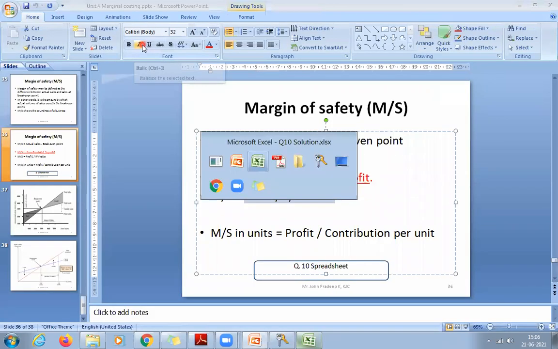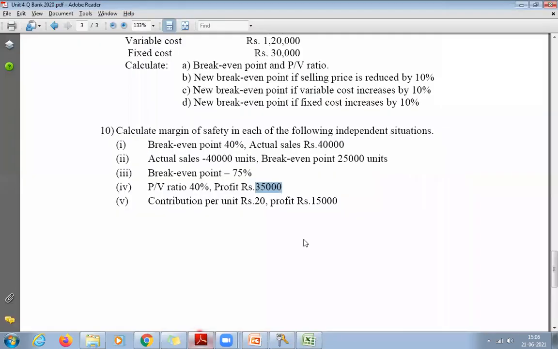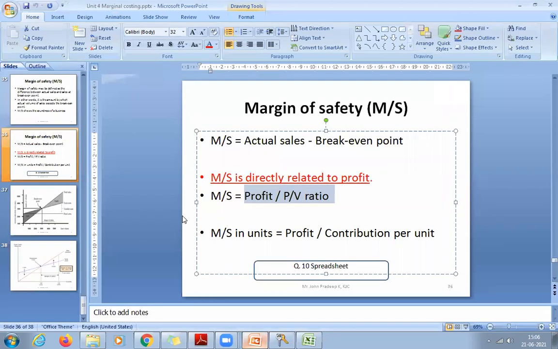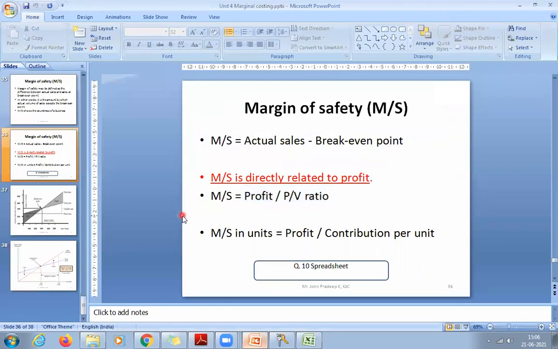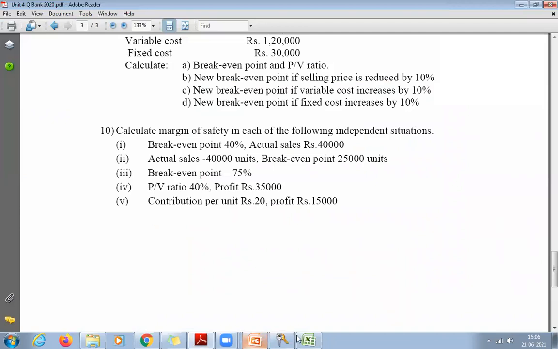And the last scenario: now we are given contribution and profit. Which formula are you going to use? Profit divided by contribution per unit. It has to be per unit. He has given us 20 rupees per unit, and profit is 15,000.